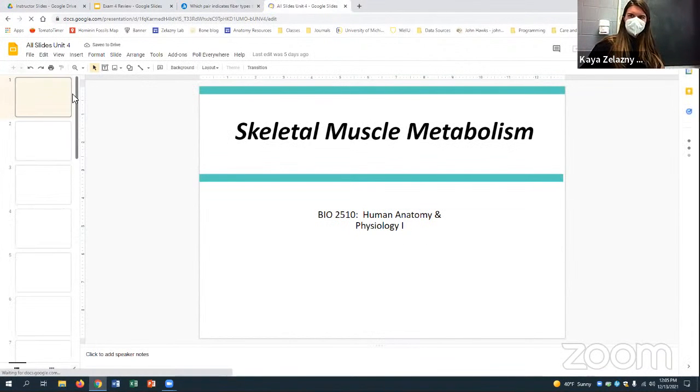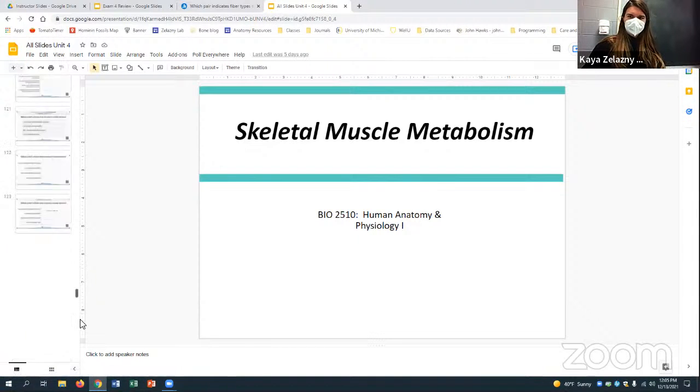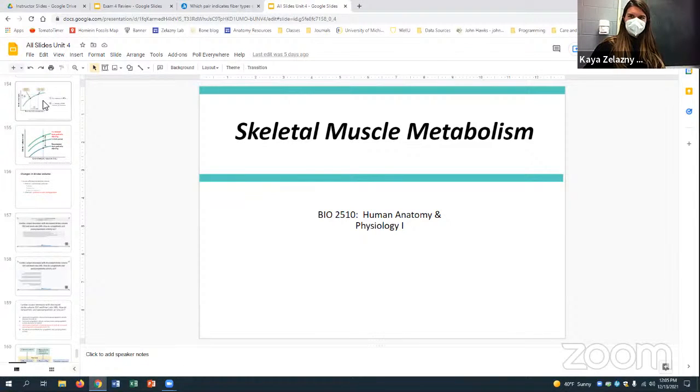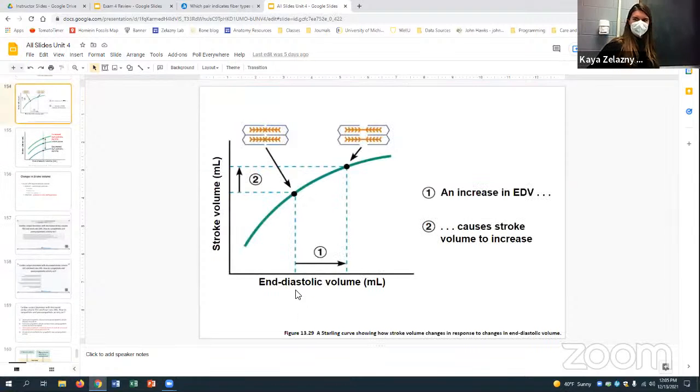When we're thinking about those Starling curves, we're thinking about the relationship between our EDV, our end diastolic volume, and our stroke volume. The reason we have these curves is that we're going to put the sarcomeres in different amounts of stretch.